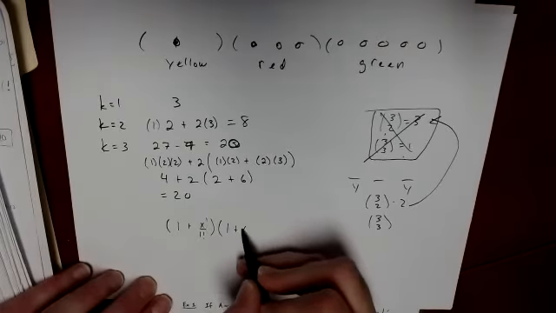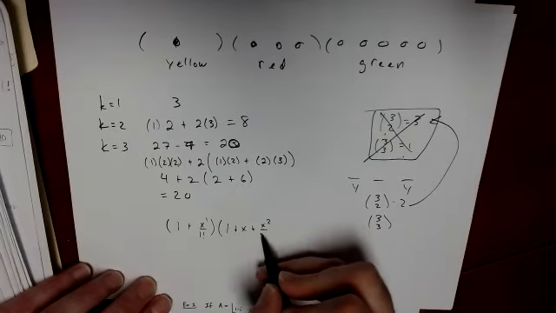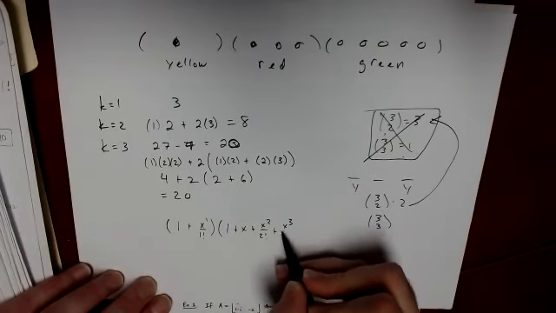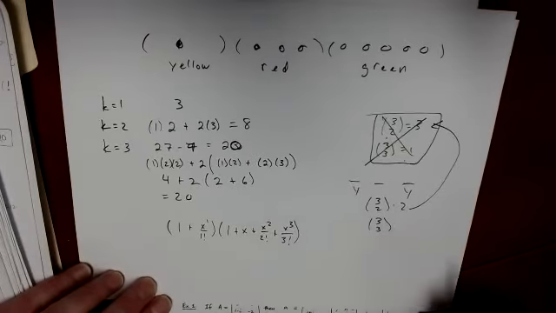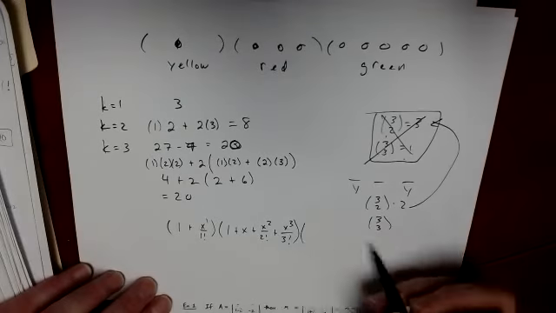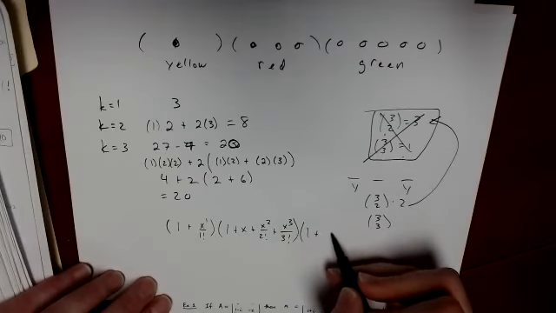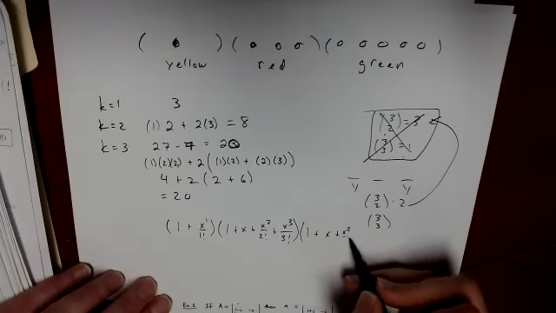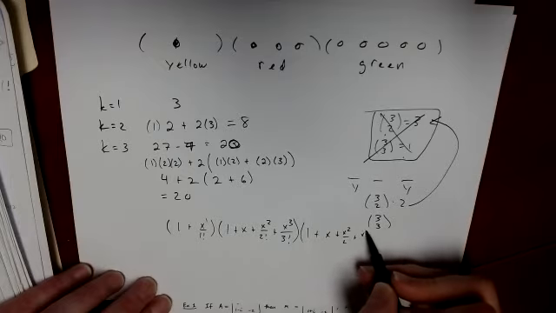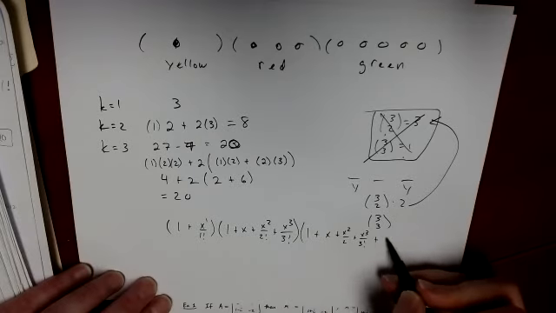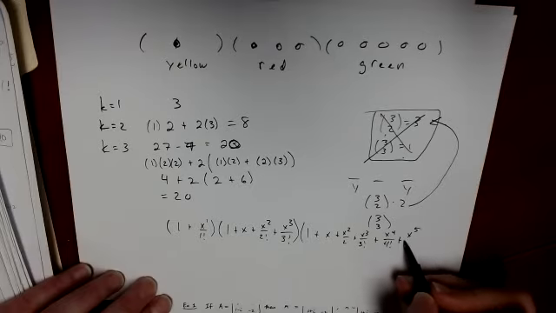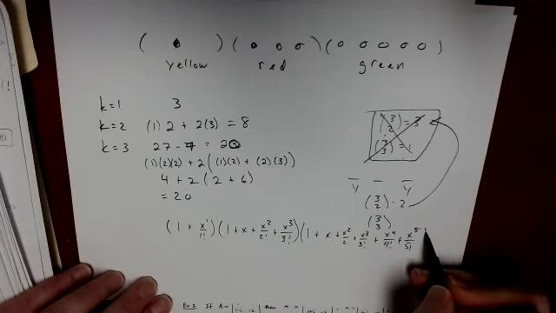So that'd be 1 plus x squared over 2 factorial plus x cubed over 3 factorial. And the green ball, same way, 1 plus x squared over 2 plus x cubed over 3 factorial plus x to the 4th over 4 factorial plus x to the 5th over 5 factorial.